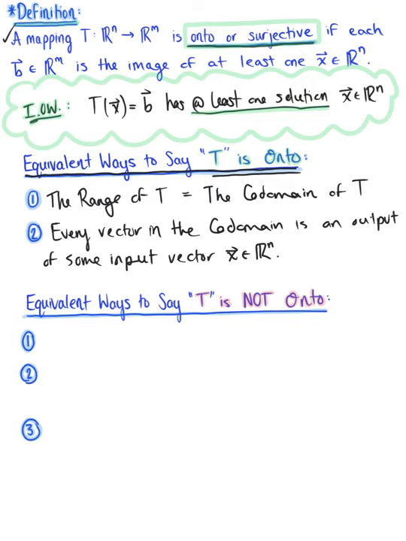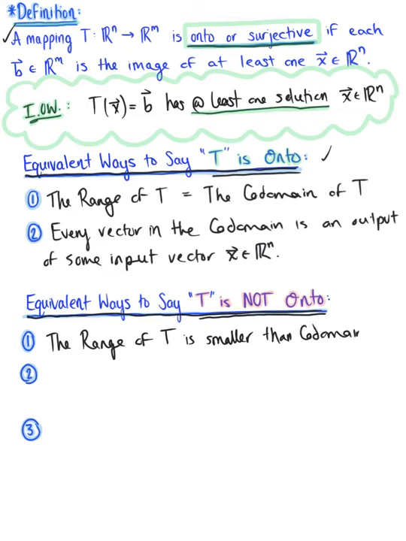Now, what about some equivalent ways to say that a transformation is not surjective or not onto? Well, keeping the equivalent ways in mind, the first way is that the range of the transformation is going to be smaller than the codomain. So if the range of our transformation T is smaller than the codomain, then your transformation is not onto.